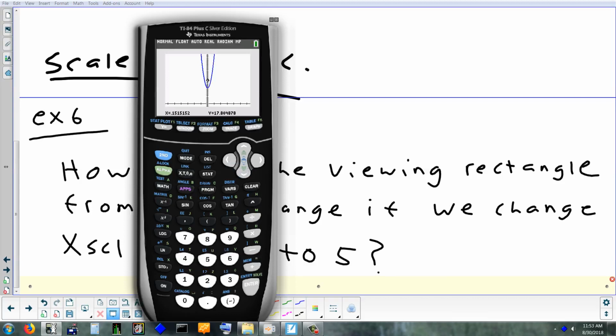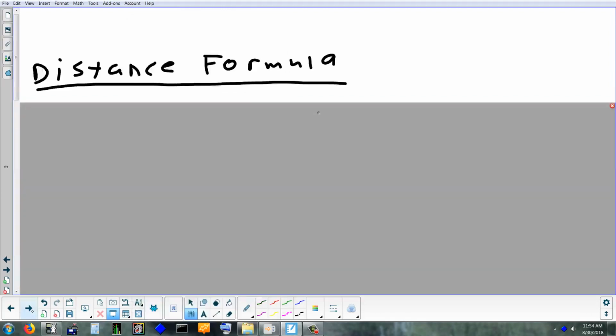They don't look all squished together because I'm starting to zoom back in. Did that work? No? So we did 1, 2, and then we hit enter. And now we'll zoom in. So once you zoom in enough, eventually it's going to go off the screen again.